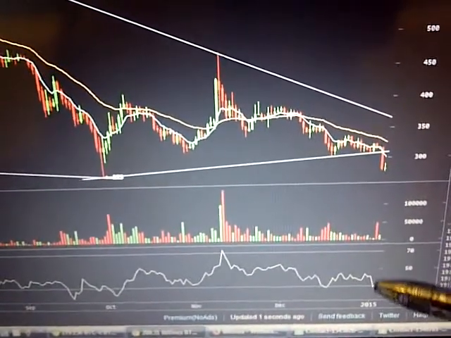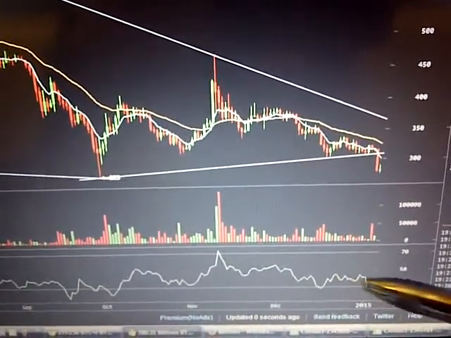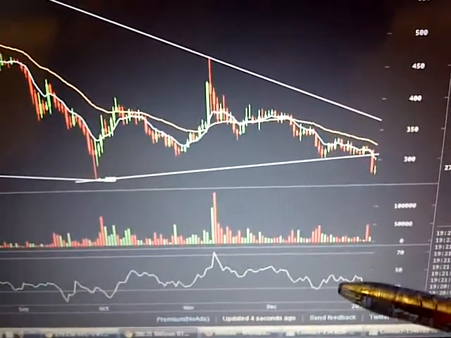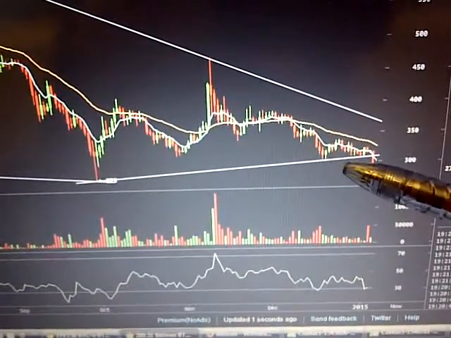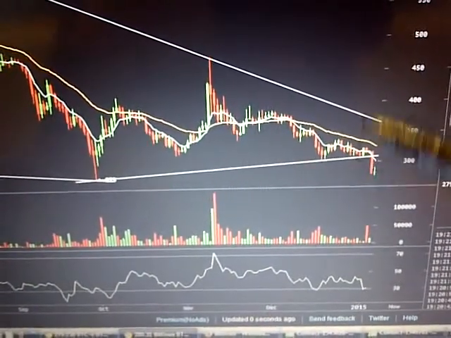So these are like two lines indicating the momentum of the price action, with momentum going down. The closer it is to 30, the more the momentum of the price action is headed downwards, and if it's at 70, it's headed upwards.